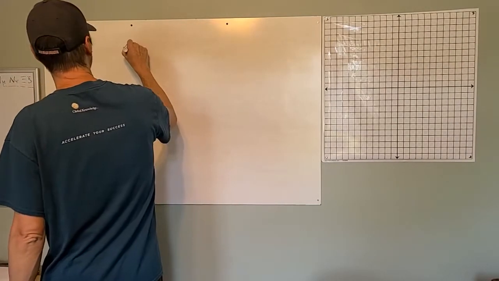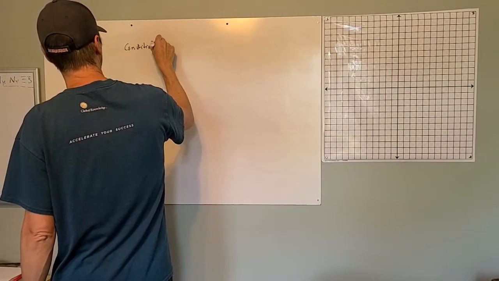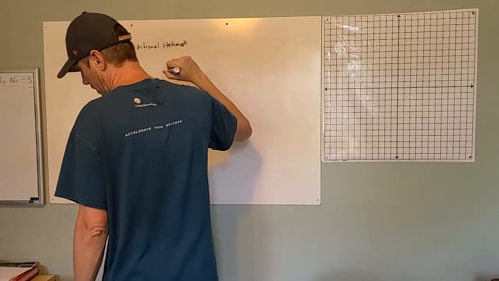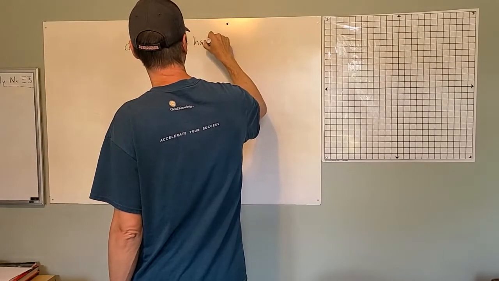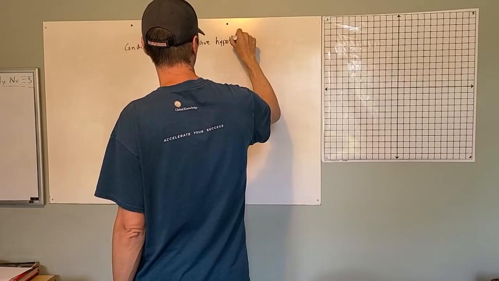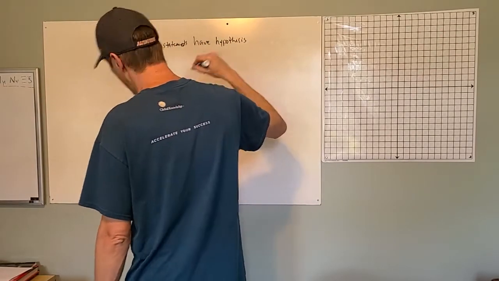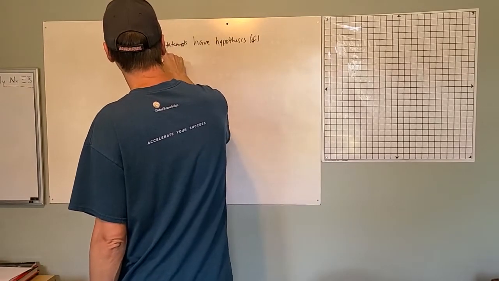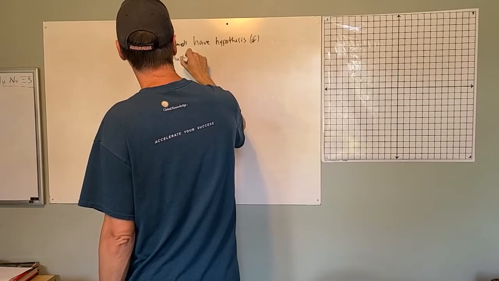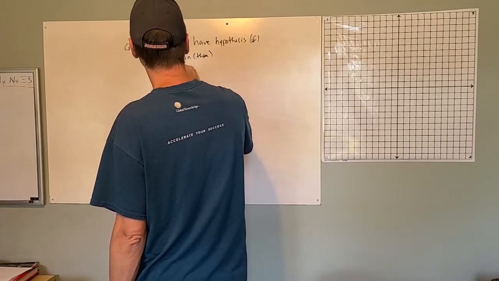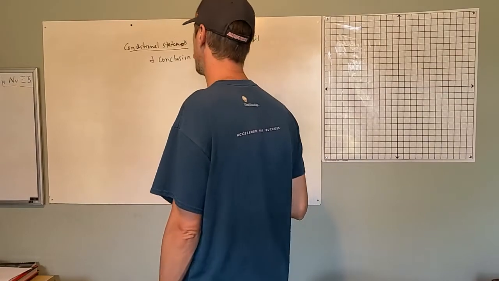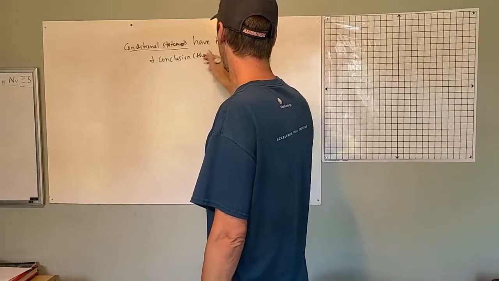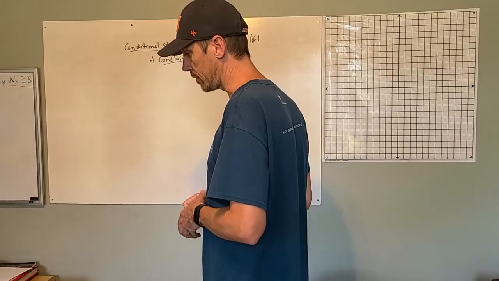We can have conditional statements that have a hypothesis, which is our if statement, and a conclusion, which we call our then statement. So this is the construction of a conditional statement. It'll be if this is true, then this must be true, right? And we call the if part our hypothesis, and we call the then part our conclusion.